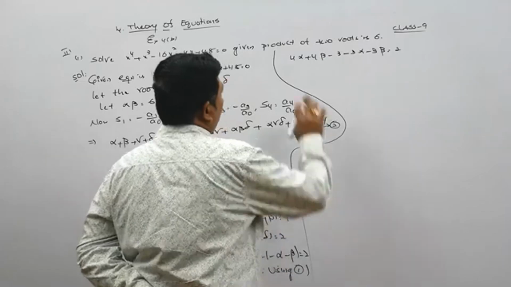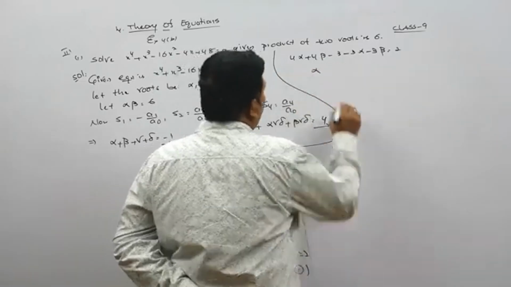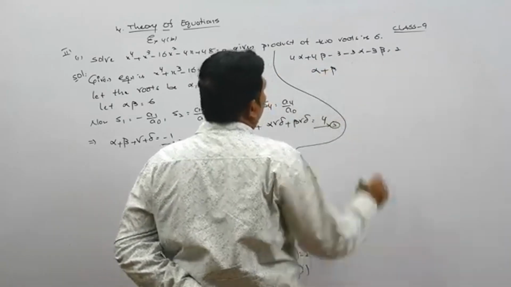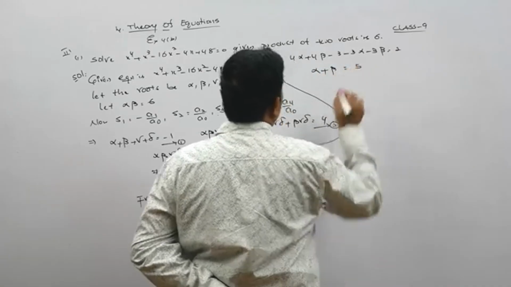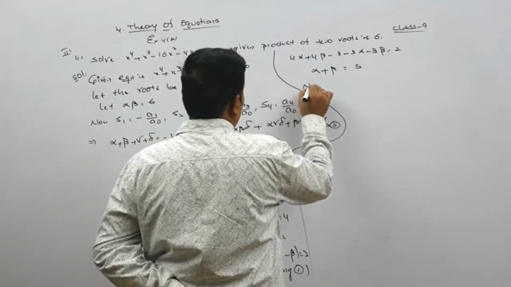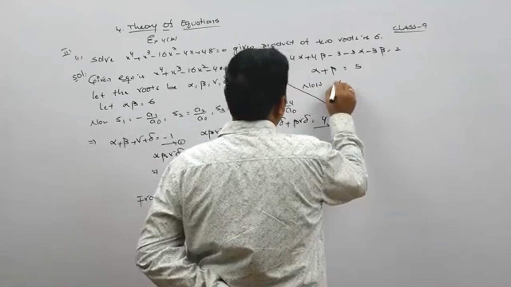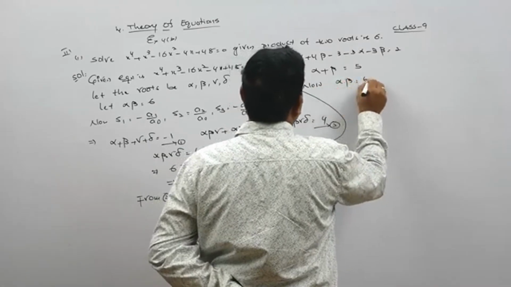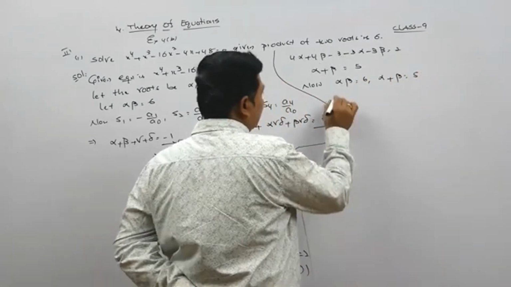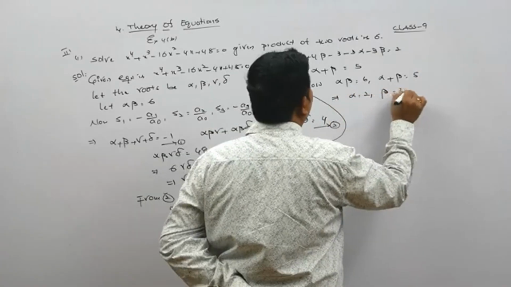Now here 4 alpha minus 3 alpha, 4 beta minus 3 beta, and taking minus 3 to the side, 2 plus 3 is equal to 5. So now alpha beta is equal to 6, alpha plus beta is equal to 5, which implies alpha is equal to 2, beta is equal to 3.